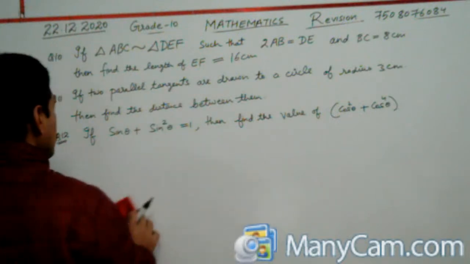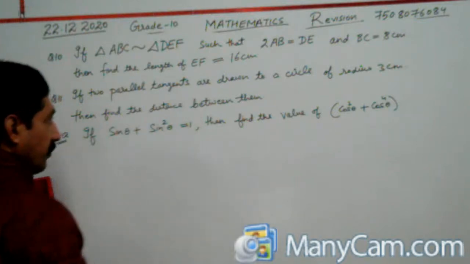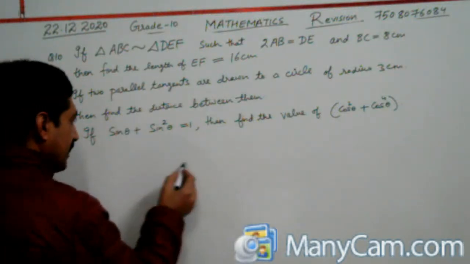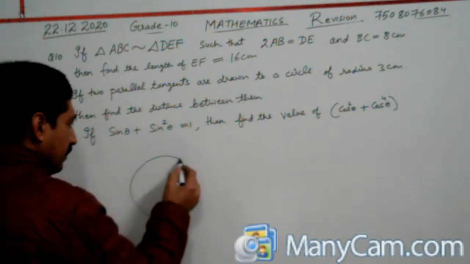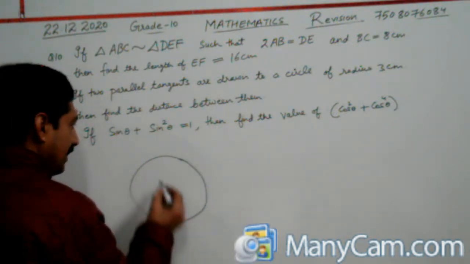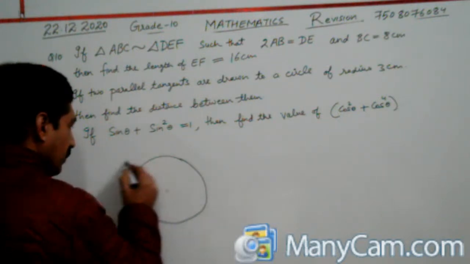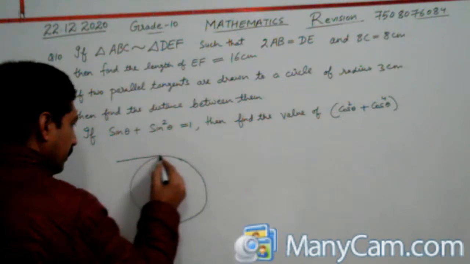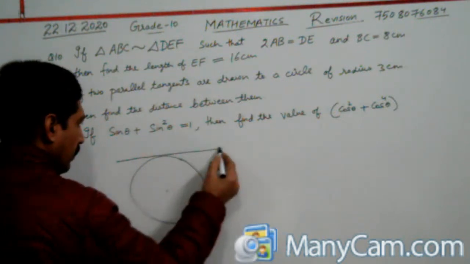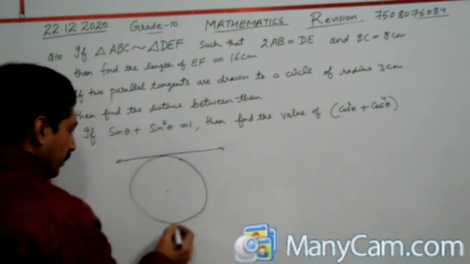Next question is, two parallel tangents are drawn to a circle of radius 3. The circle has radius 3 centimeter, and two parallel tangents are drawn. One tangent is here and one tangent at the extreme.